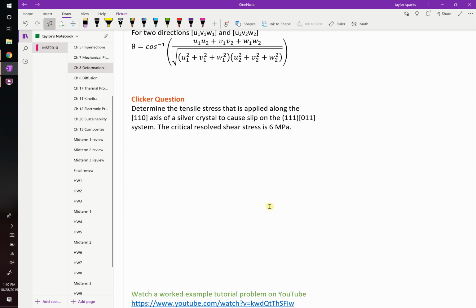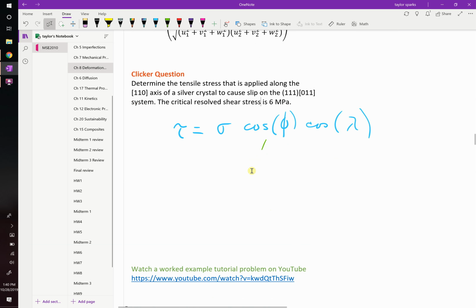Going back to our formula, the shear stress is equal to the applied normal stress multiplied by the cosine of phi times the cosine of lambda. Phi is between the loading direction and the slip normal, and lambda is between the loading direction and the slip direction.